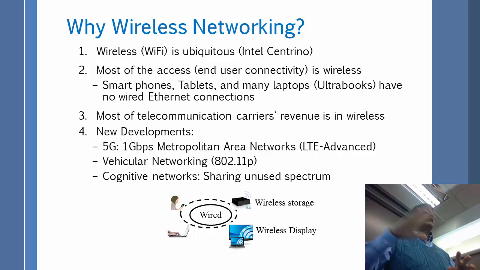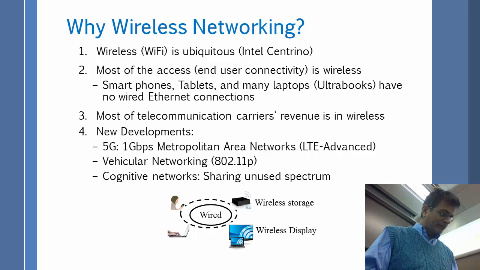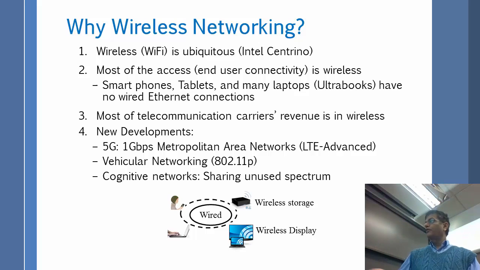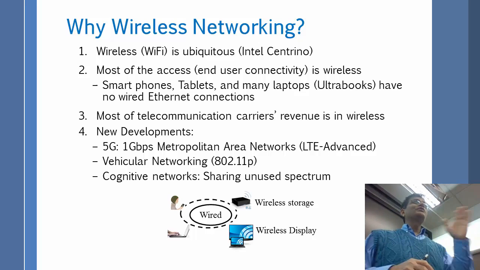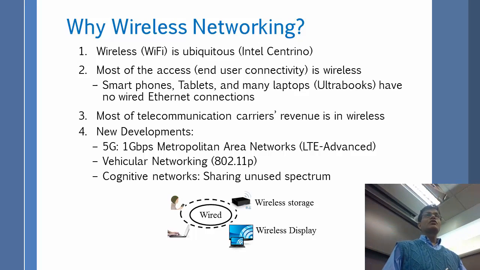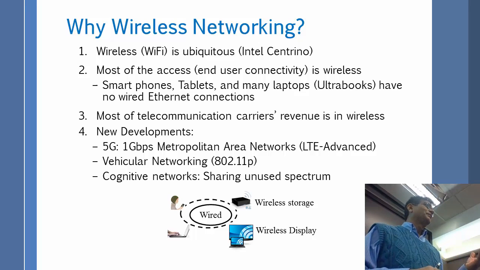So today, if you look at a network, it has a core and the access. Access is outside, right? The edge is all wireless. When you read your email today, when you send an email or go to browse or everything else, you are doing it wirelessly.